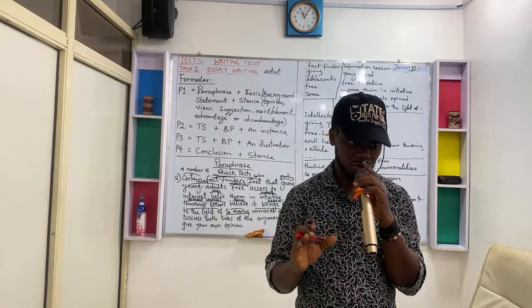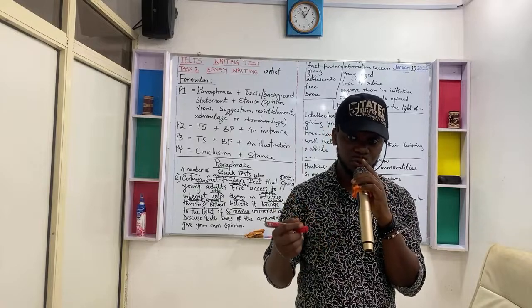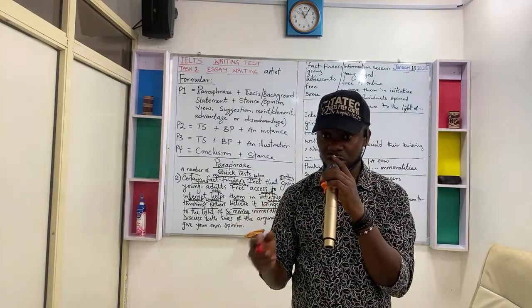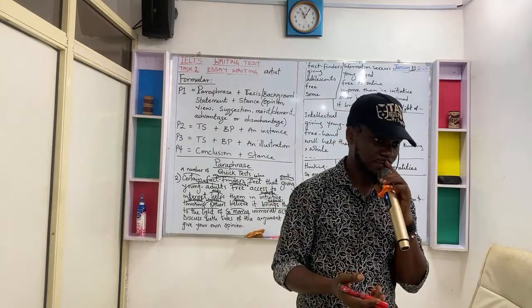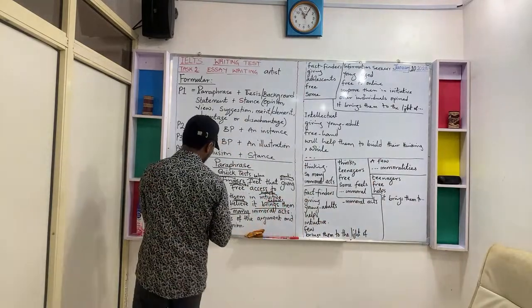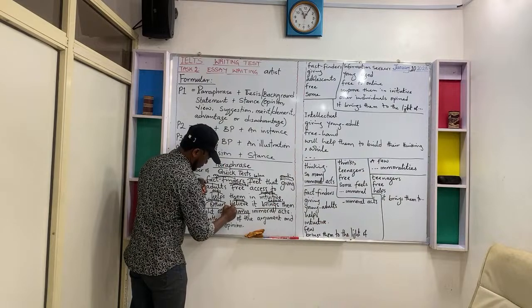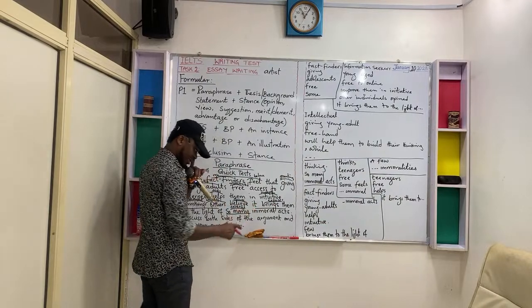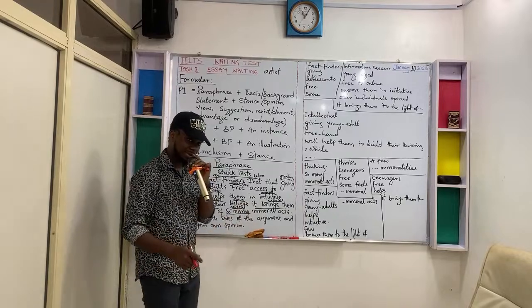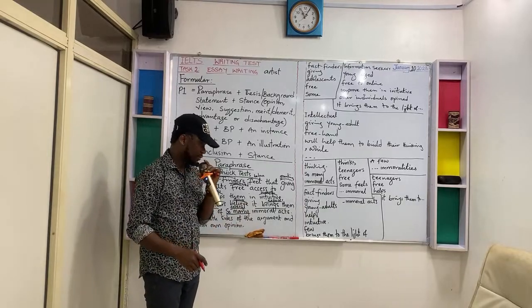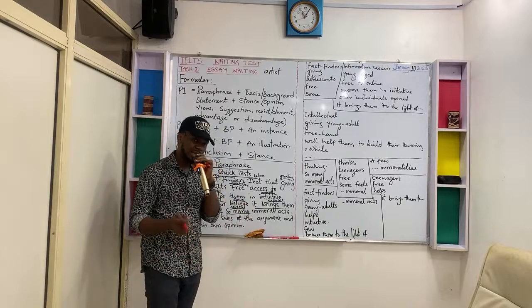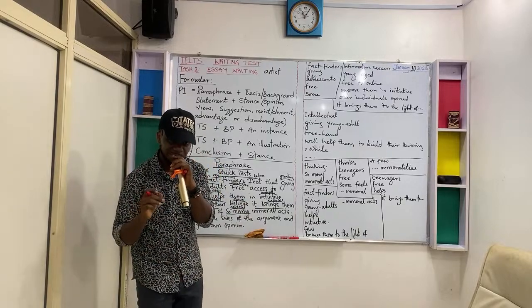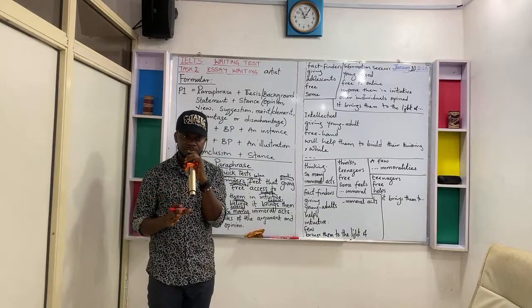I'm not saying it's wrong. I'm just saying if we have a more advanced expression, it's better. So several or numerous what? Unacceptable behaviors or several immoralities. Simply put.